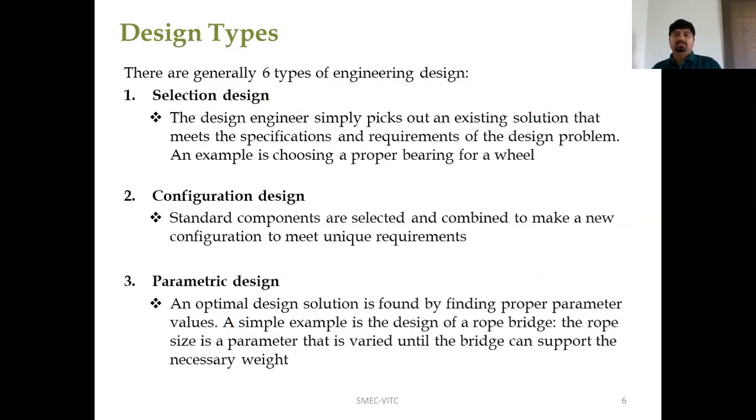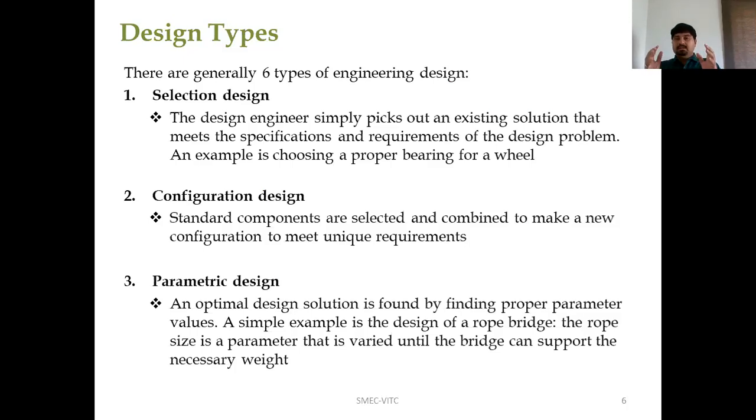Coming to the design types, there are totally 6 types of design in engineering design. The first one is selection design. What is selection design? Here, the design engineer simply picks an existing solution that meets the specification requirements of the design problem.